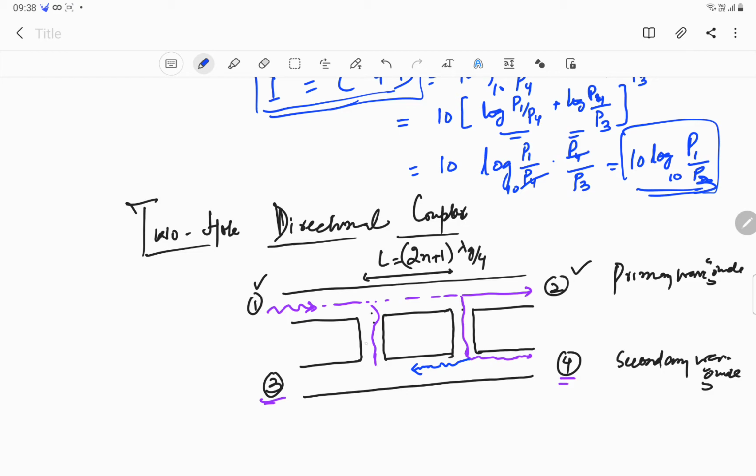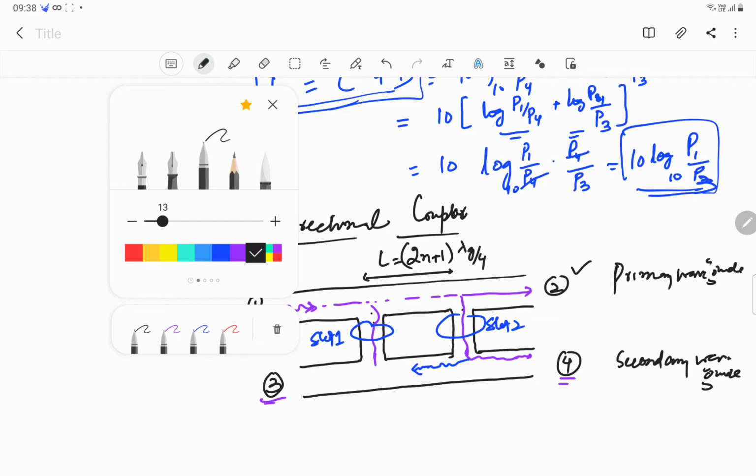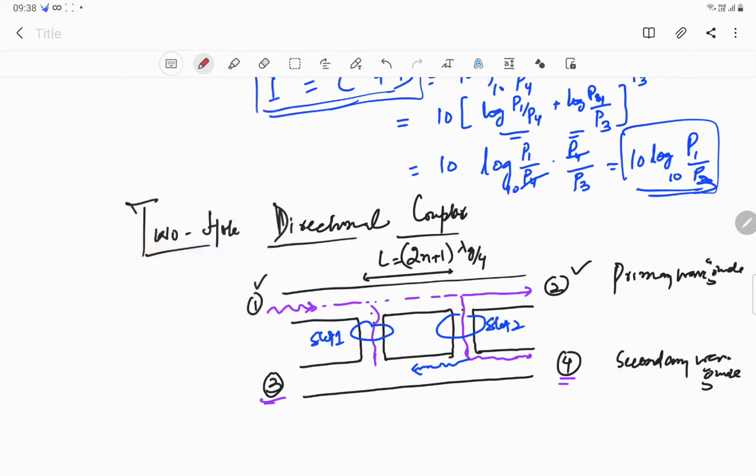Likewise at slot number 1, if let us name it as slot 1, and this is slot 2, so likewise at slot 1, this wave again can get divided into a backward wave and another part as forward wave.